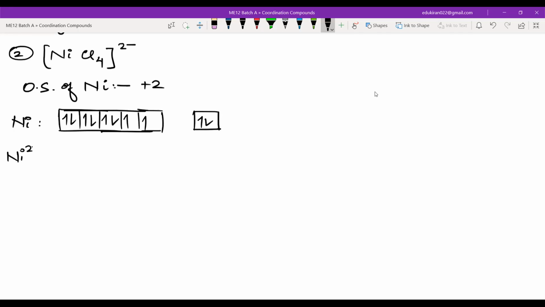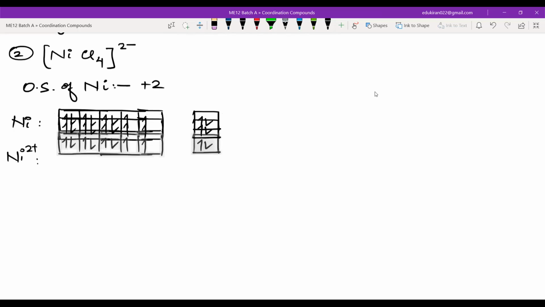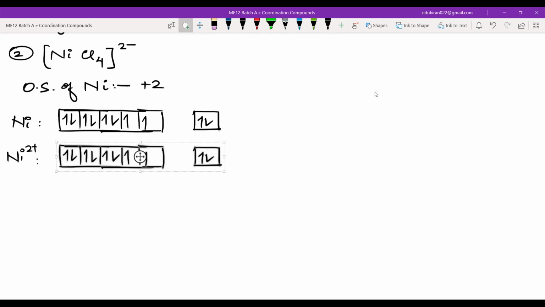And if you have nickel 2 positive, then everything will be the same, except for the 4s electrons, which will be removed. Now you want to comment about the NiCl4 2 negative complex.